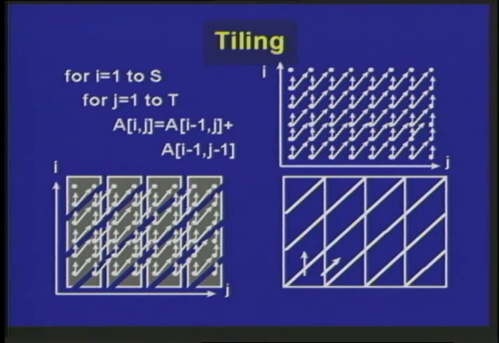In the lower left is an example of a tiling. What we've done is partitioned this iteration space into regular size and shape pieces, with the idea that these pieces are now executed atomically. So we're actually changing the execution order by doing this tiling. Now, there are several things to notice about this. One is that I've actually drawn parallelogram shapes.